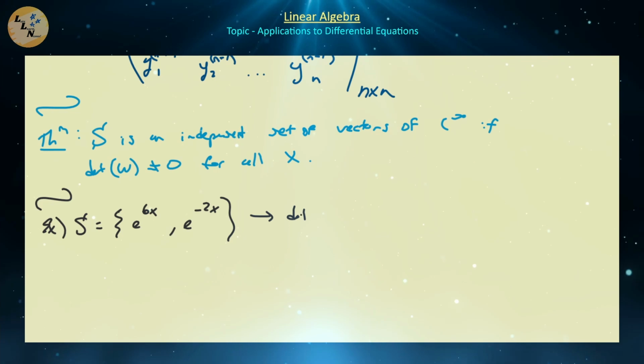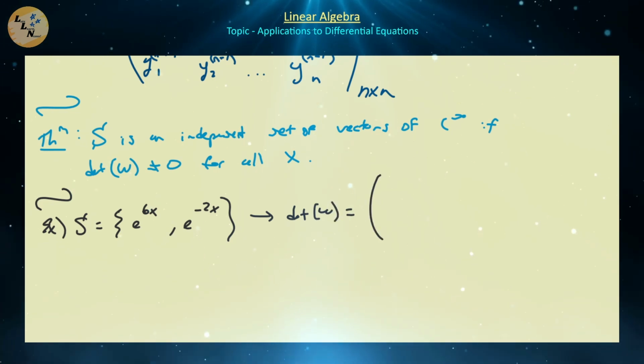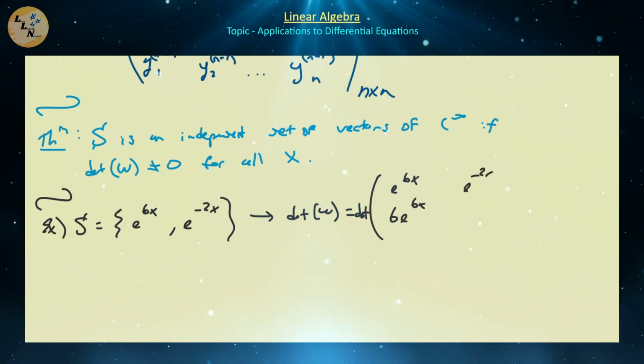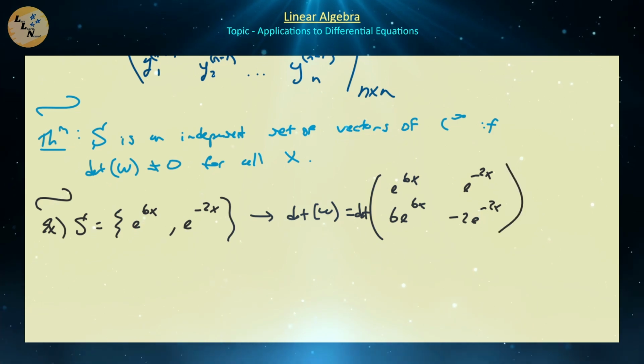The determinant of the associated Wronskian is going to be equal to the determinant of the matrix e to the 6x, 6e to the 6x, e to the minus 2x, and minus 2e to the minus 2x, which is a 2 by 2 matrix, so we know some tricks for that.